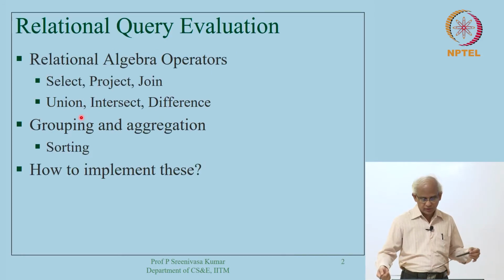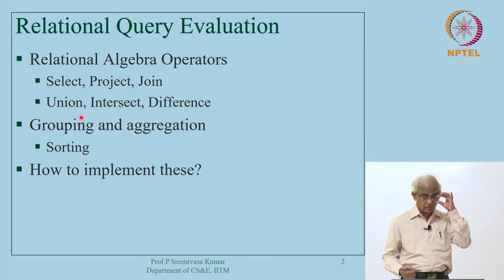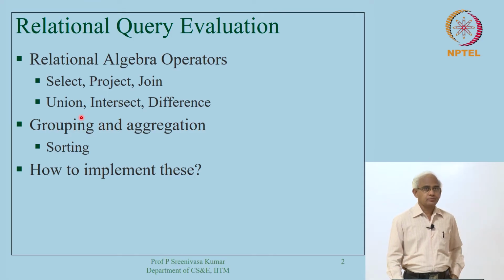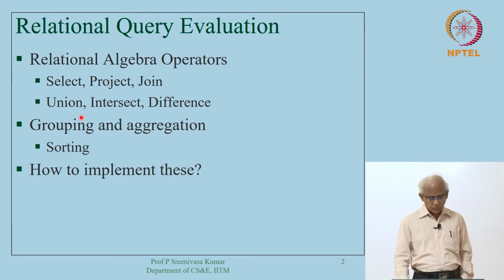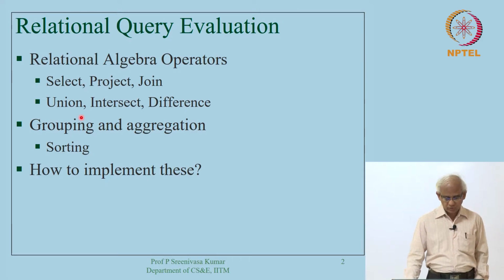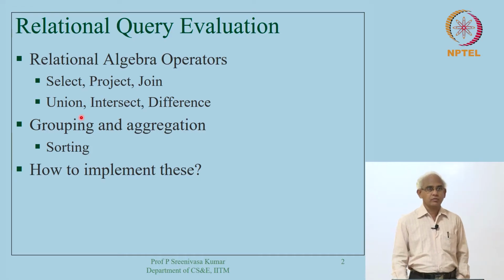So, if you look at query evaluation, an SQL query has to be translated into a relational algebraic expression, and then that expression will have to be executed in order to give results for the SQL query.